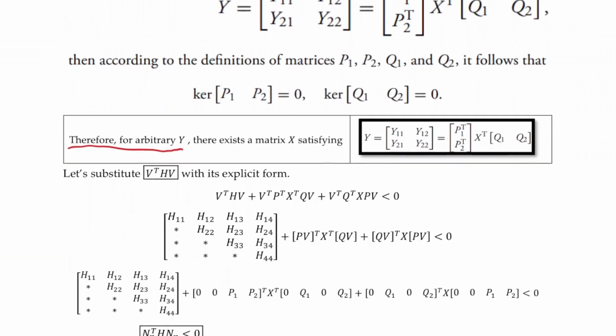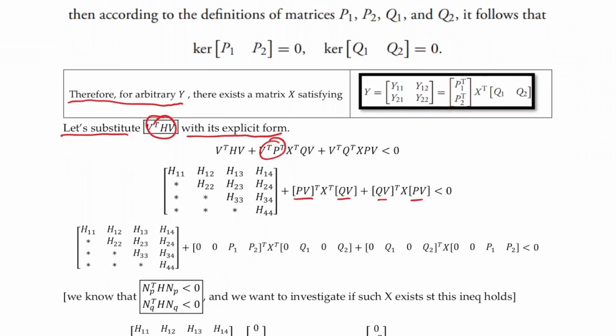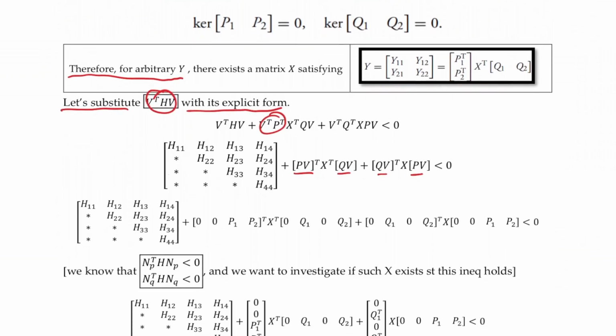And let's continue. Let's substitute the first term in the inequality with its explicit form. This was the inequality, and this is the explicit form of the first term. And let's also organize PV and QV terms, right? Since we know what PV and QV are, they can also be written like that.